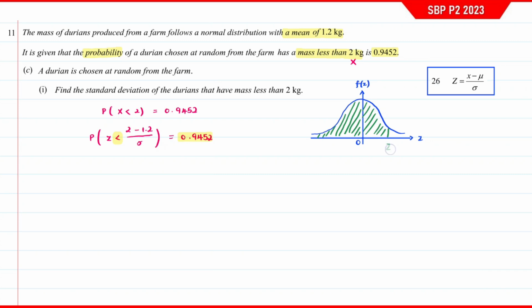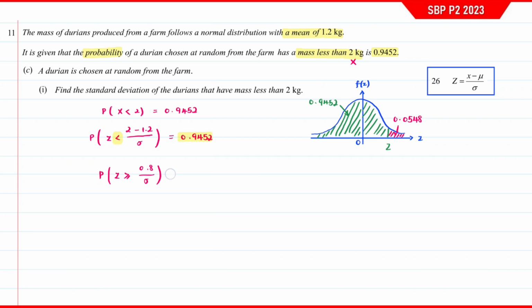Then here will be our z-score, which is a positive one. Then for the area greater than z, we're going to use 1 minus 0.9452, which is equal to 0.0548.